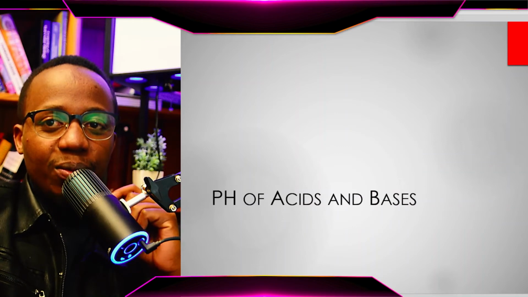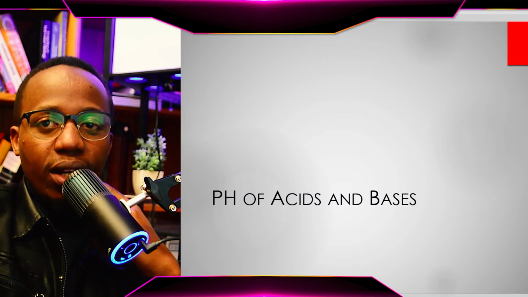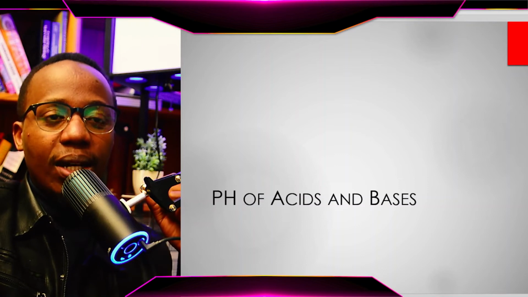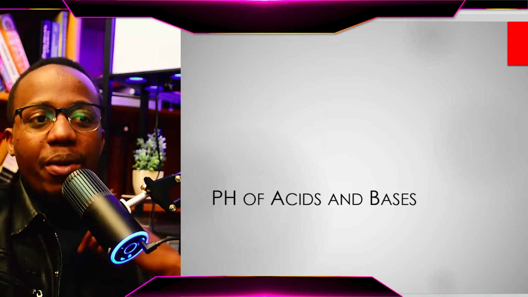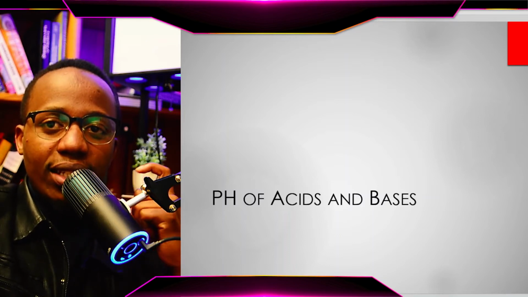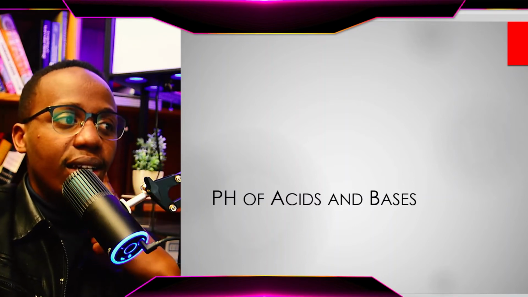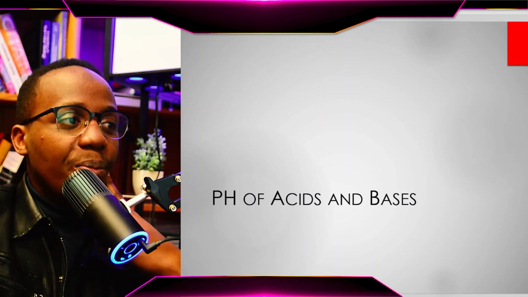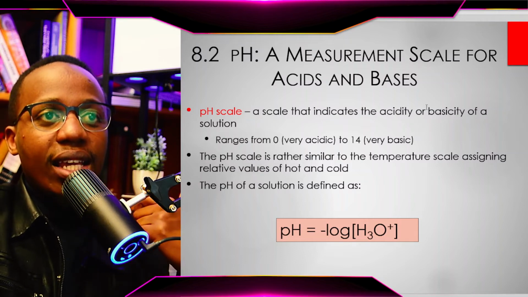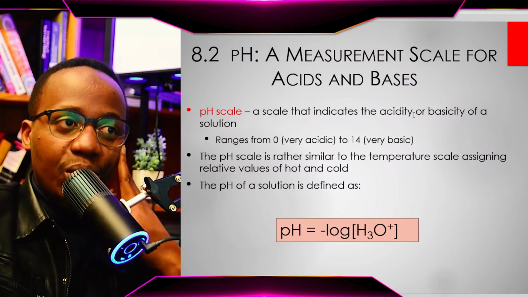Let's talk about pH. Now, you've heard of pH before, and pH is important, especially when it comes to acids and bases, right? We talked about strong acids and strong bases, and you can measure the strength, but pH is a direct way to measure how strong or weak an acid or a base is. All right. So what is pH? The pH measures the acidity or basicity of a solution. It goes from 0 to 14.